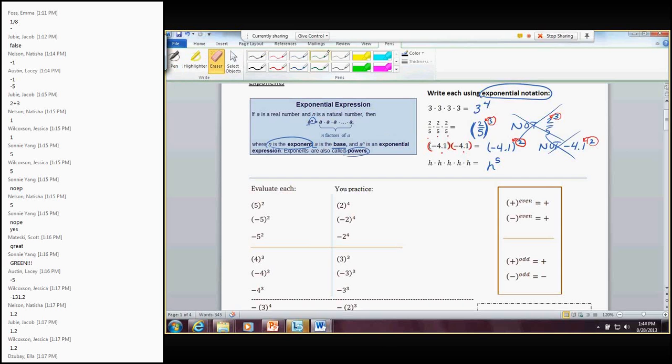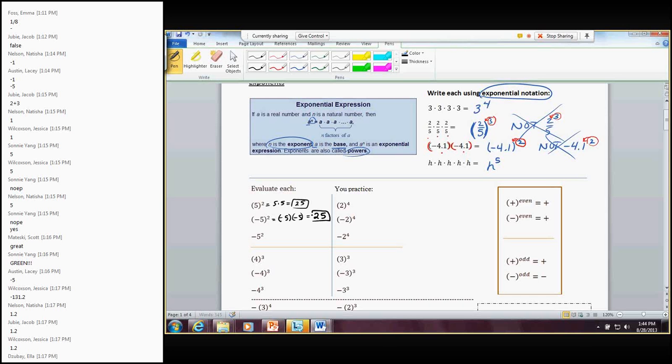All right, going down, evaluating each. Okay, let's look at these. 5 squared really means 5 times 5, which is 25. Negative 5 squared in parentheses. Remember, this guy is smart. He knows whatever's in parentheses is going to be multiplied by itself twice. So what's a negative times a negative?